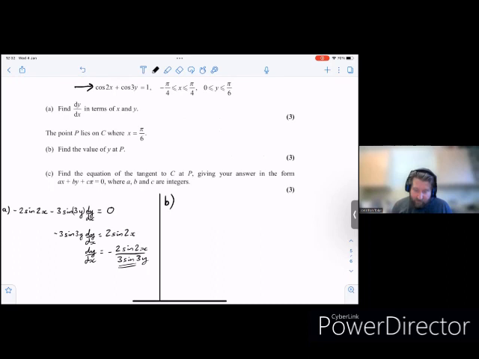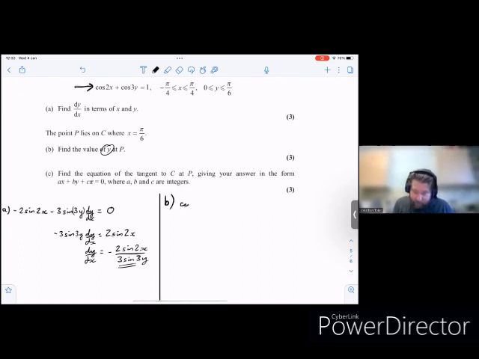Find the value of y at P. So if x equals pi over 6, we're just asked for the value of y. So this is not asking us to use the expression we got for dy by dx. We're going to have to use the original equation.